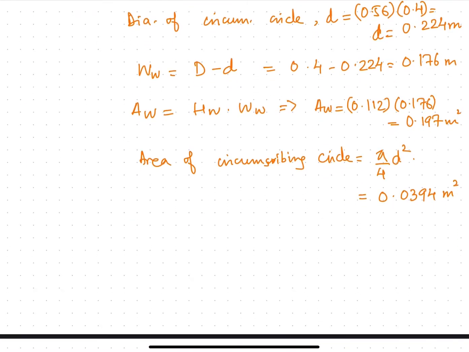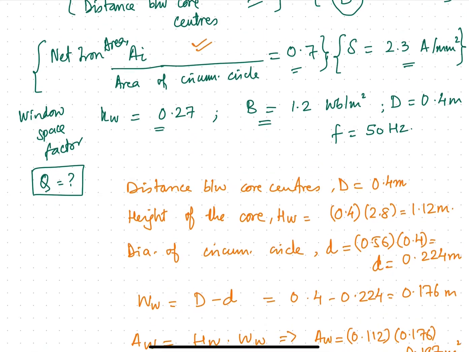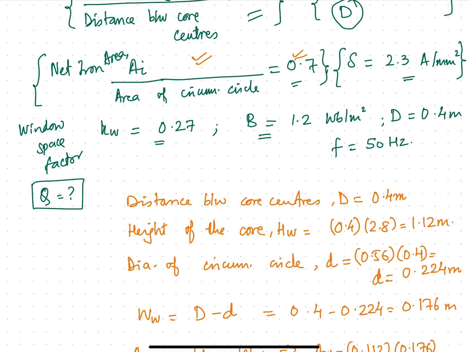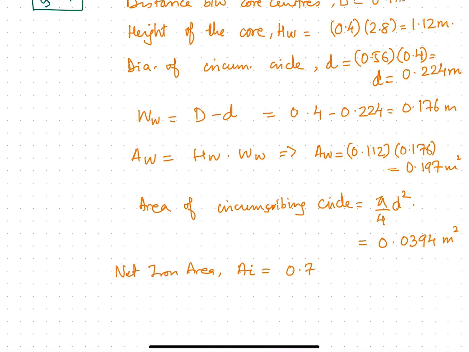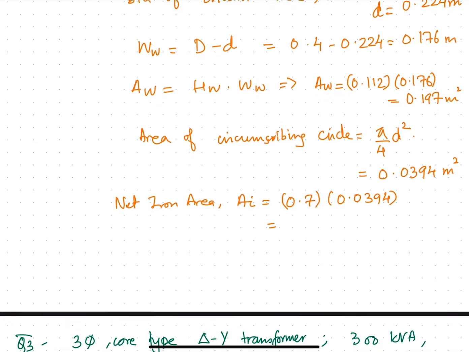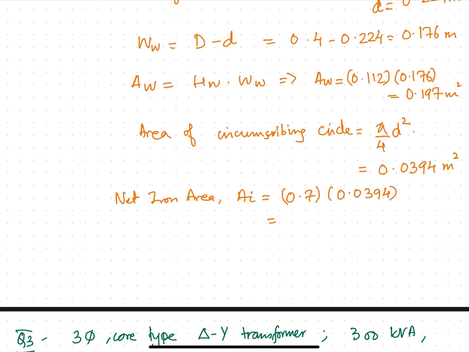So net iron area AI is equal to 0.7 times 0.0394. This comes out to be equal to 0.0276 meters square.